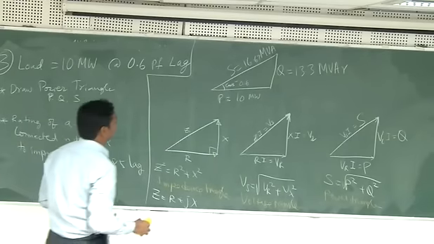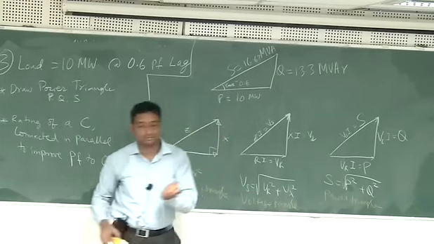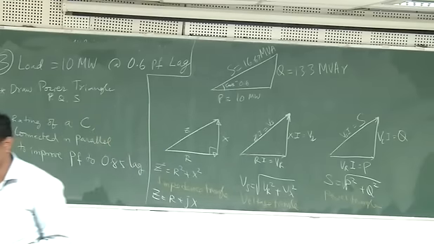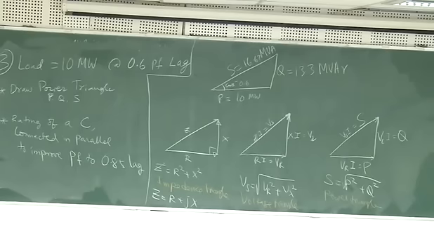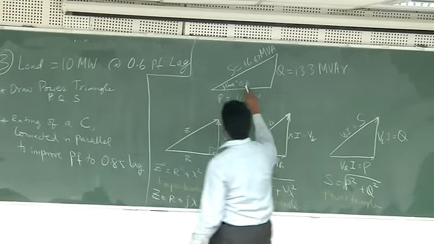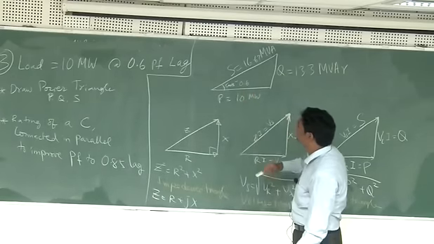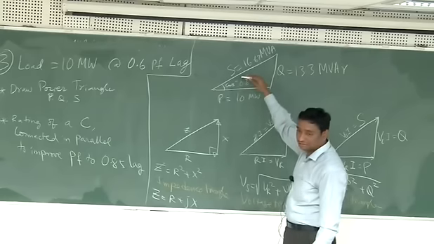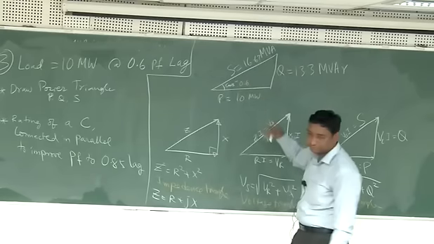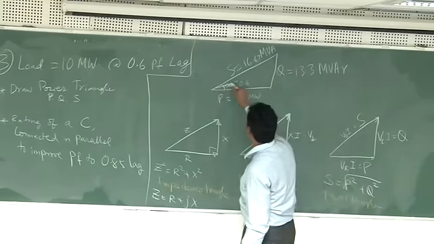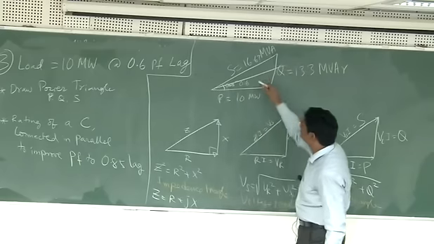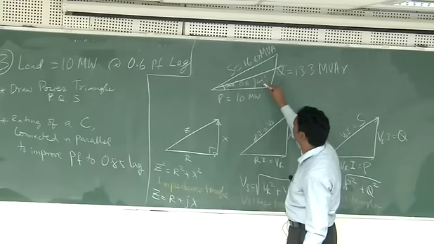Okay. Now the question is, I want the power factor to be 0.85. So if it is 0.85, will the line be lower or above? So let's say something like this. Okay. So this is cos inverse 0.85.